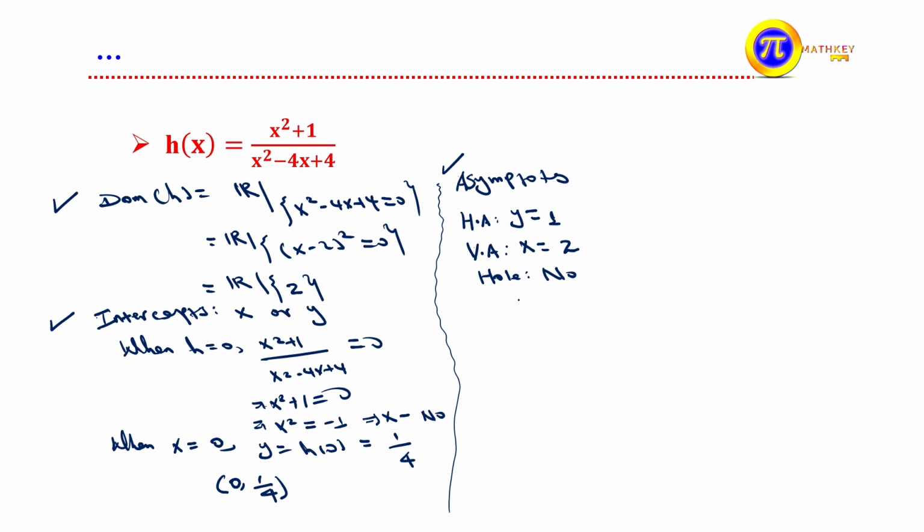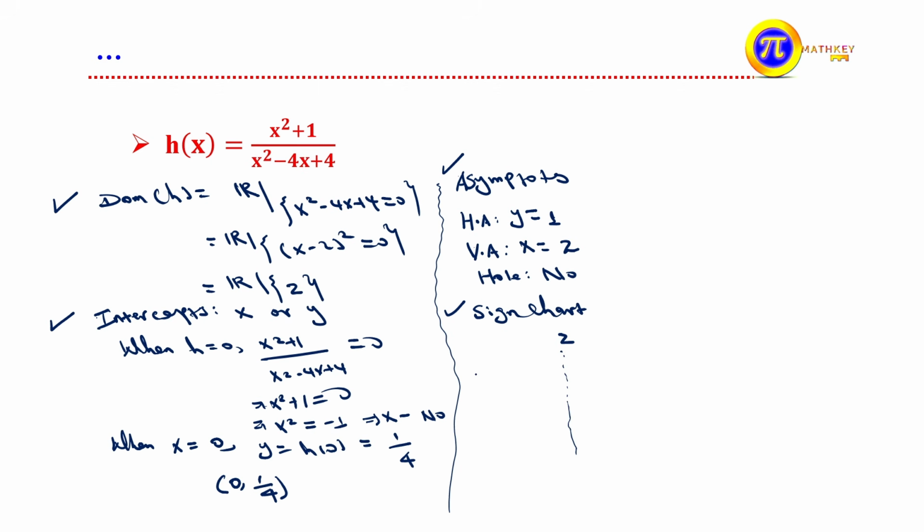What's next? The next one, we use a sign chart, or sign analysis. Here we look at the zeros of the numerator and denominator. We don't have zeros at the numerator, so it cannot be 0, but the denominator is 0 at 2.